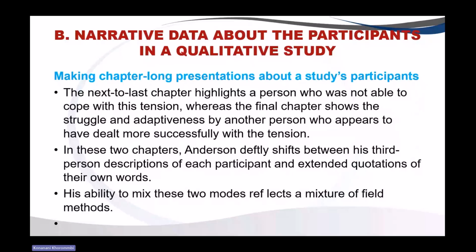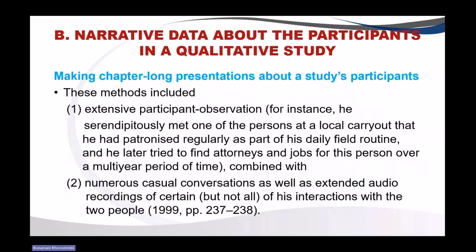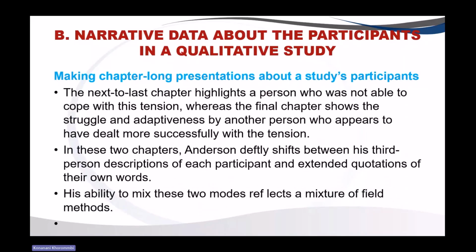Now, all this is just about that example. In these two chapters, Anderson deftly shifts between his third-person description of each participant and extended quotations of their own words. His ability to mix these two modes reflects a mixture of field methods.